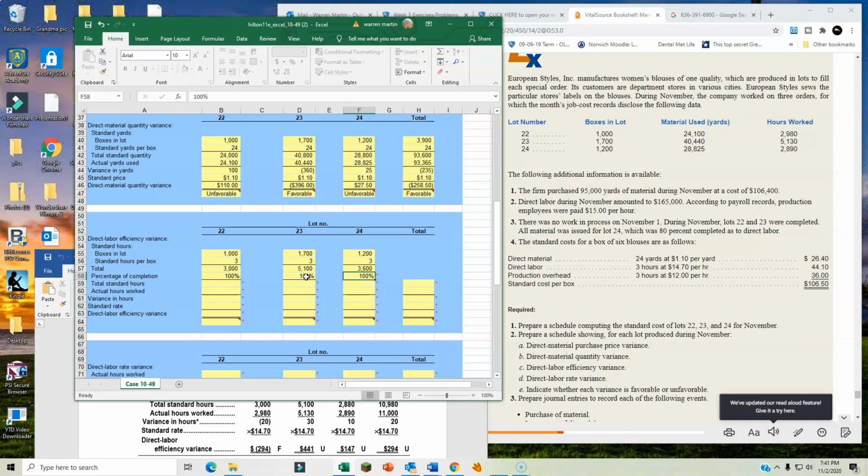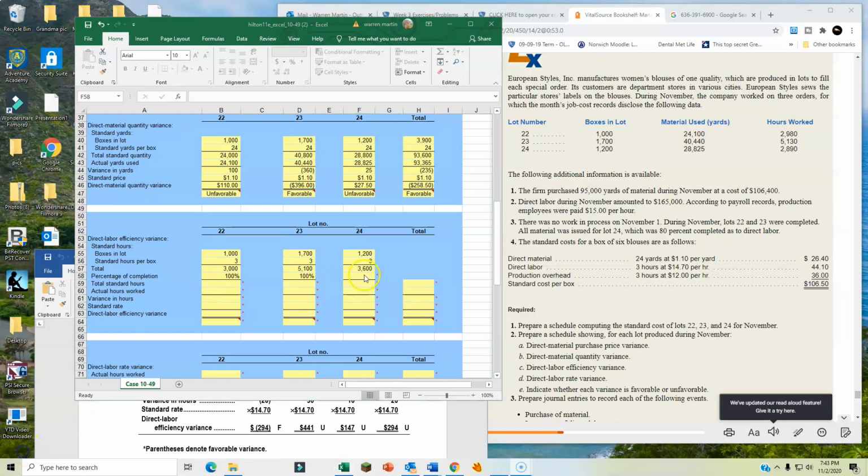Because, whoops, hold on, or maybe not. No, maybe not. So what this number is, it tells us right here that materials used for lot 24 was 80% completed. So the other two are 100%, but this one, we know it's 80% completed.